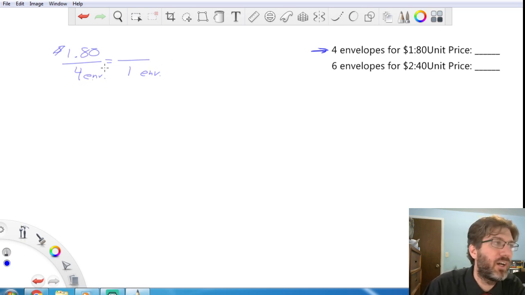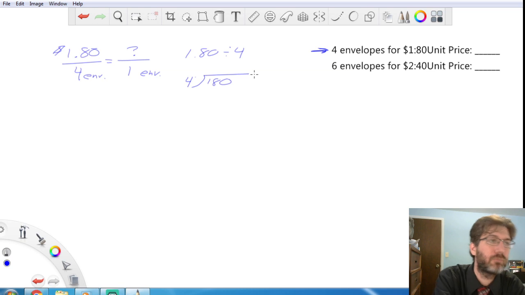Again, you're just going to divide this out to get your unknown here. So 1.80 divided by 4, or you can do it however you set it up. But you're welcome to use the calculator as well, because we're not testing you on your ability to do division.